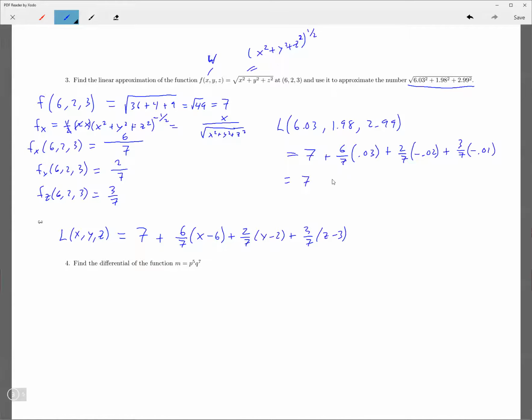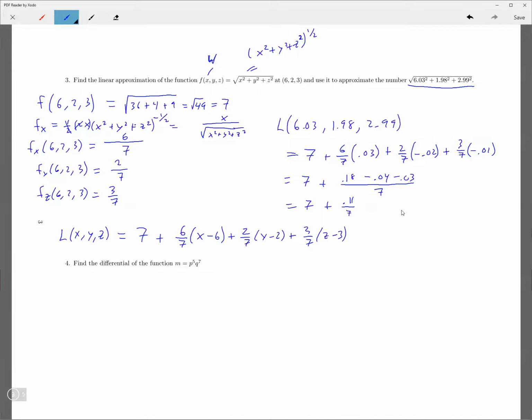So 7 plus 0.18 minus 0.04 minus 0.03 all over 7. So what is that? 7 plus 0.11 over 7. Okay, let's try that.